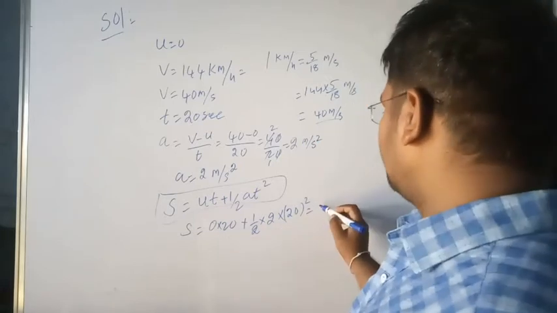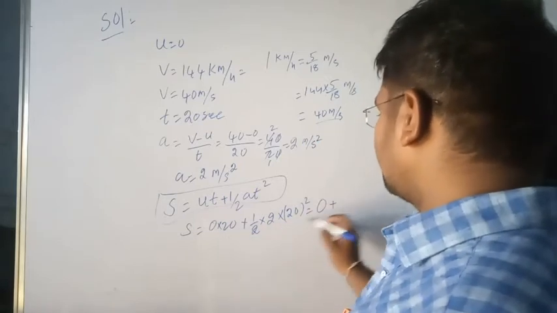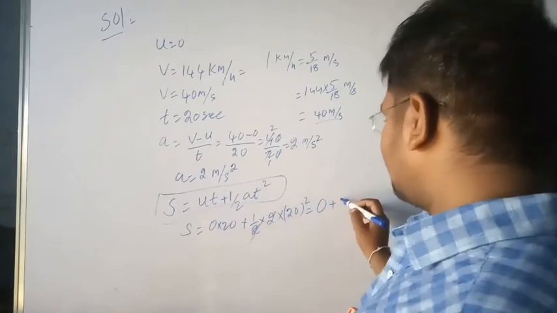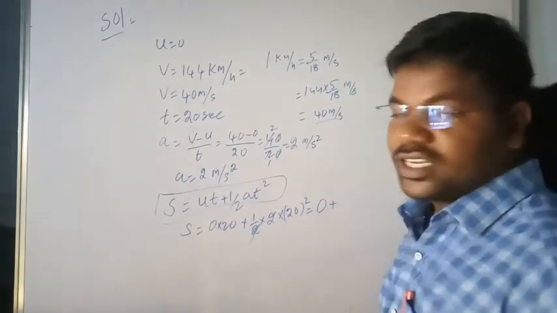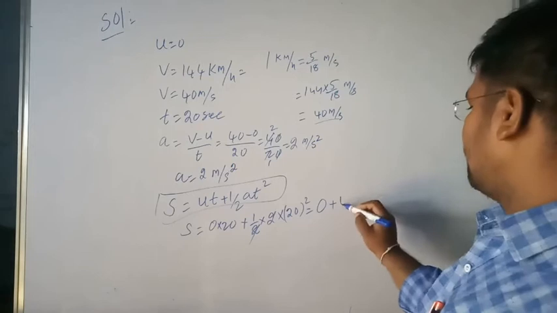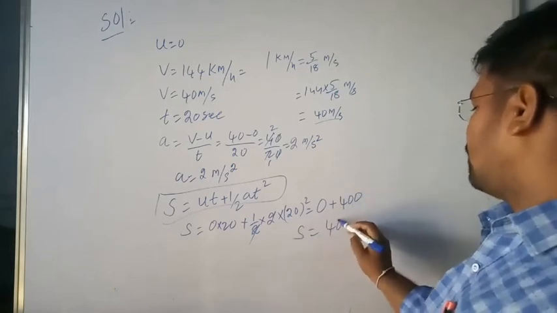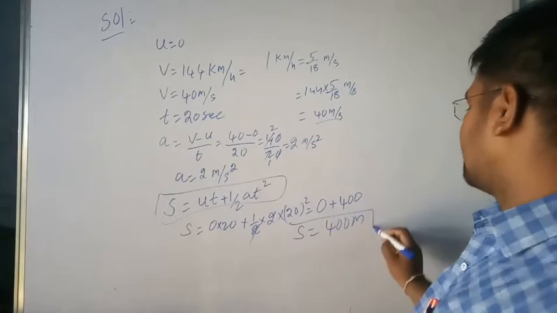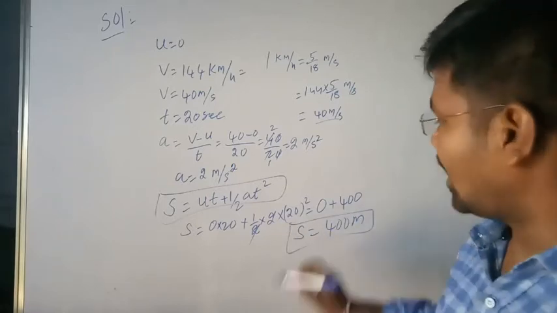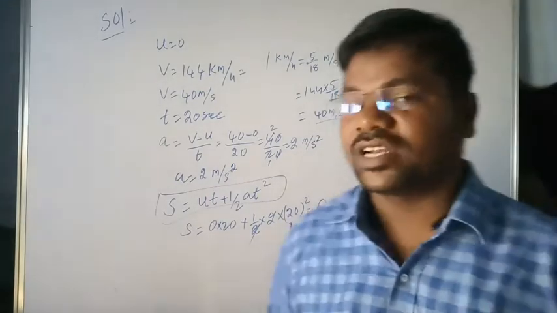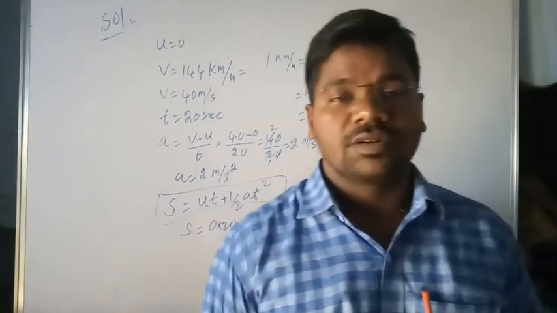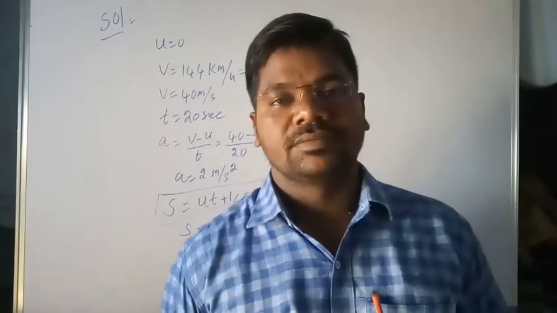S is equal to 0 into 20 plus 1 by 2 into 2 into 20 square. The 2s get cancelled, and 20 square means 400. So S, the total distance traveled by the body, is equal to 400 meters.